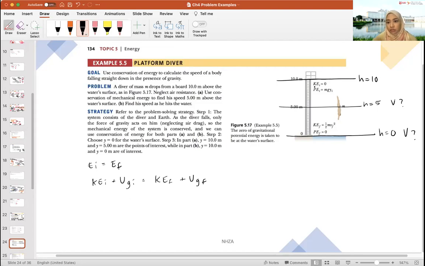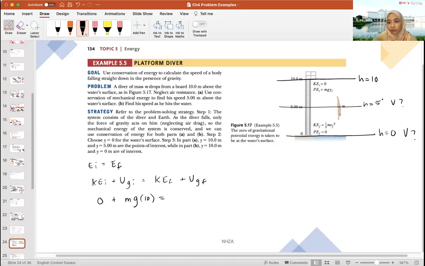So we know that we started with V equals to 0 because the diver did not start yet. So we say, at first his KE is zero. But he has potential energy because he is up high. So M is M, and this is G, and H is 10. So this is our UGI.